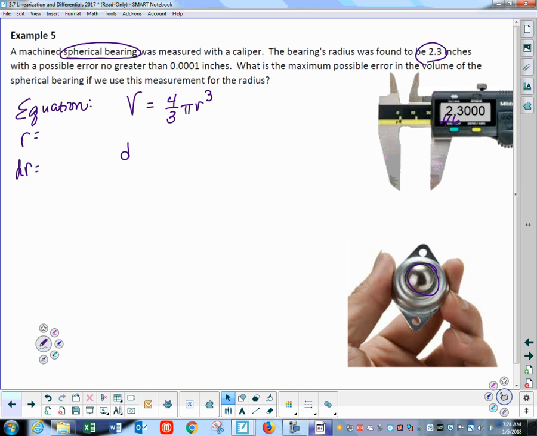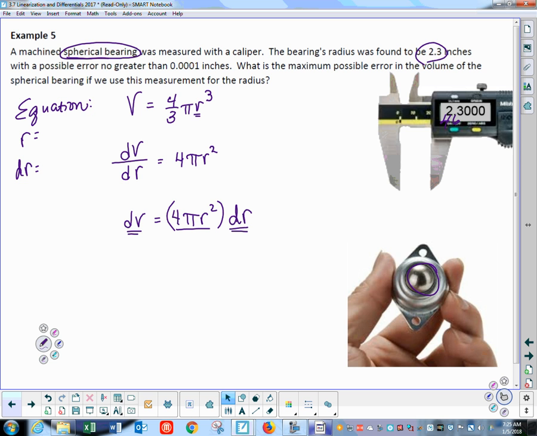If I take the derivative of that, I'm going to have dV/dr equals, 3 comes down, cancels with my 3, I get 4 pi r squared. And put it in differential form, and I can talk about the change of volume is equal to 4 pi r squared times the change in radius, or the immeasurable difference of that radius.